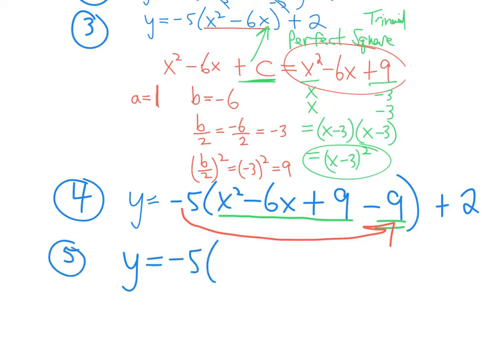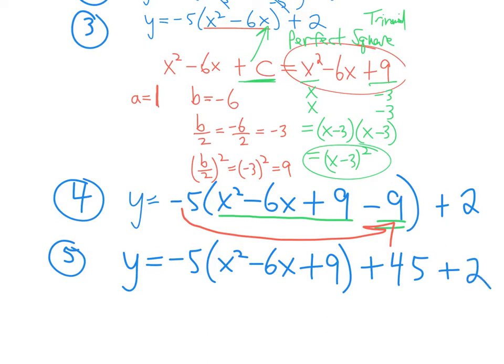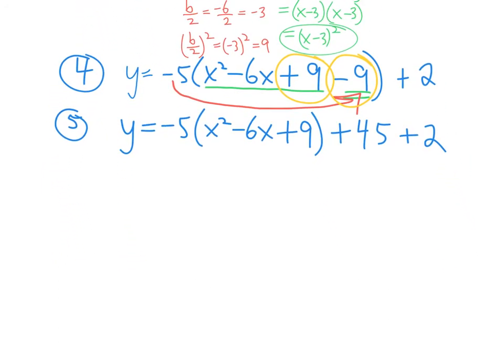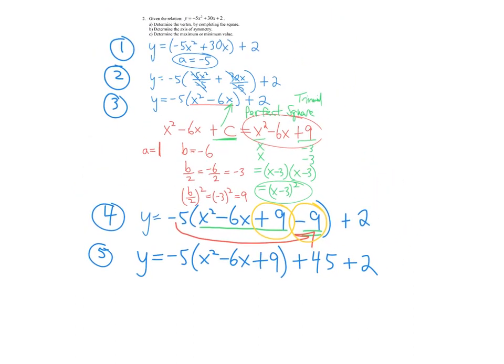So negative 5 brackets x squared minus 6x plus 9. The negative 5 multiplies with the negative 9, which removes it from the bracket, and it becomes positive 45. So like I said earlier, we completed the square by adding 9, but technically it doesn't exist, so we had to also subtract 9. That's the little algebra trick to complete the square and not alter the equation, because all these lines need to be equivalent expressions of the original quadratic.